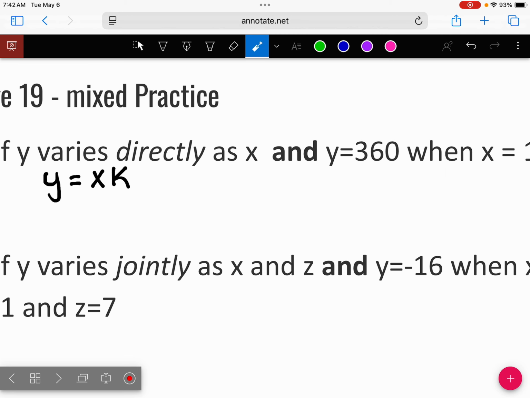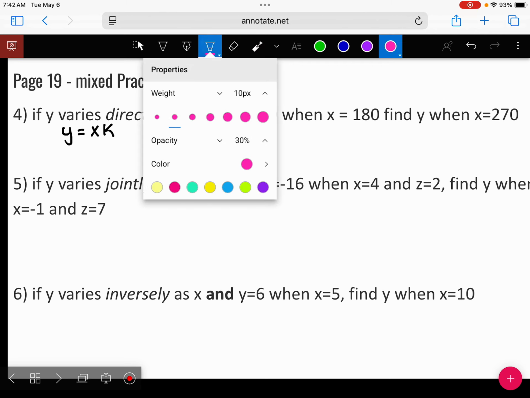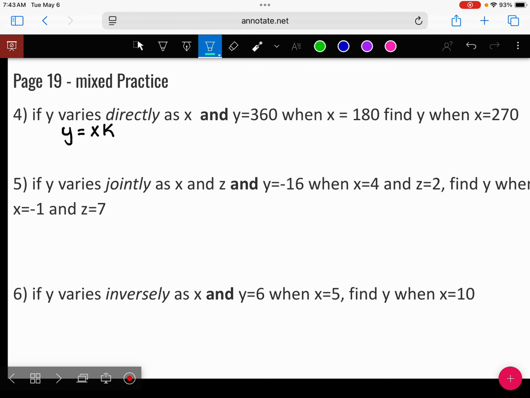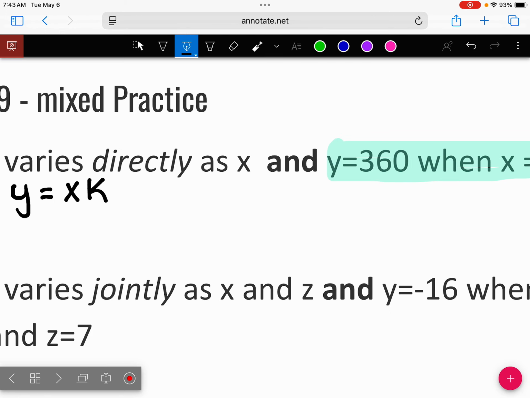Let's see if we can find our answer here, see what we can find for k. We're given this one, that y equals 360 when x is 180. And we're supposed to try and find y if x is 270. So we need to find our k piece first.